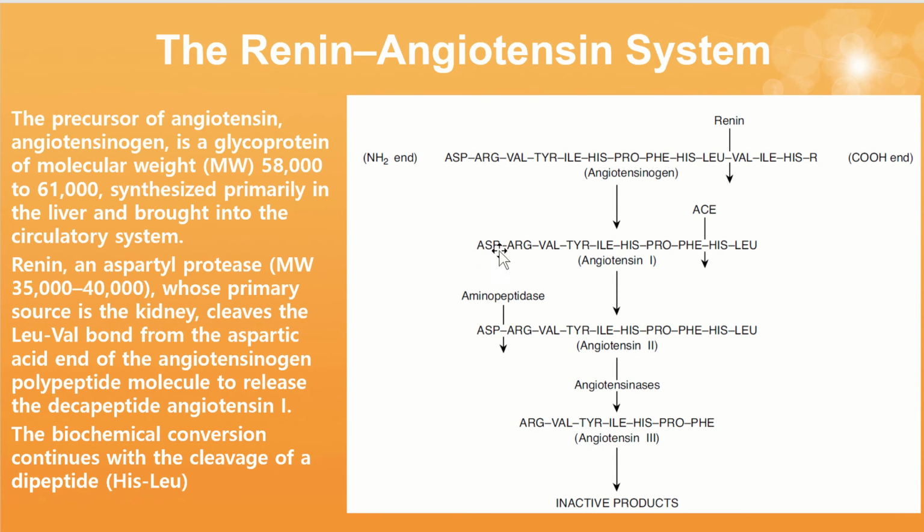So we can count it: 1, 2, 3, 4, 5, 6, 7, 8, 9, 10 amino acids, and that is basically what we just mentioned over here.